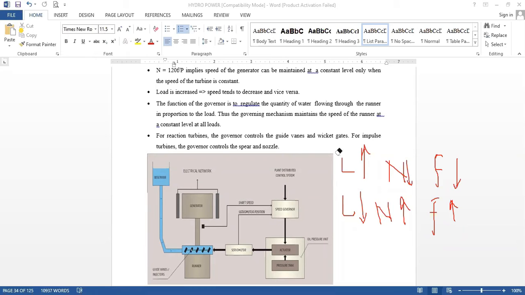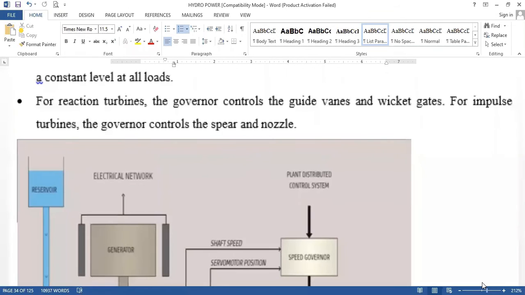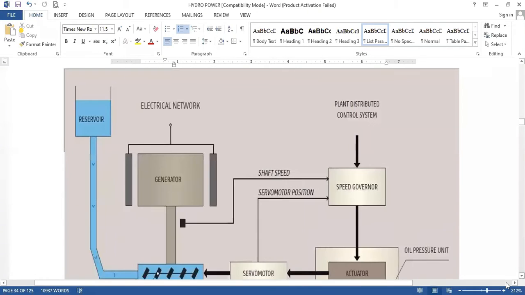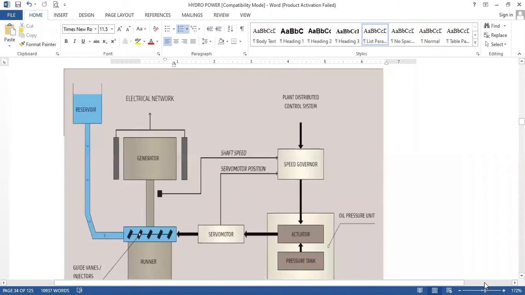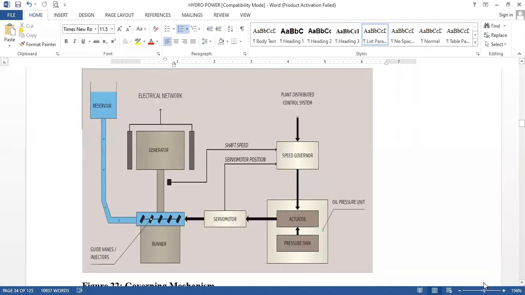Let's see how we can do that. Let's see the different components in this mechanism.